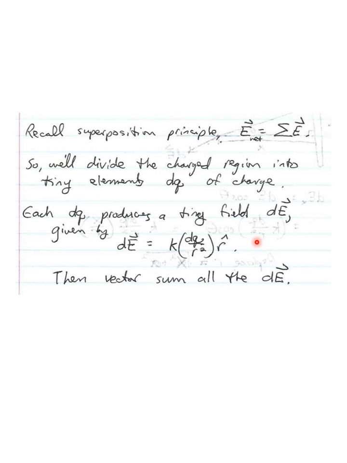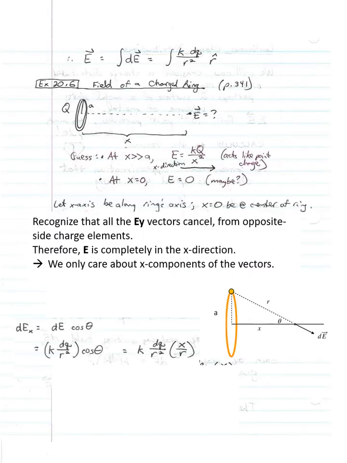So dE is k dq over r squared, and since it's a vector, we'll throw in the r hat. Then we're going to take the vector sum over all the little electric field elements dE. So here's what it's going to look like. The electric field is the integral of dE, which equals the integral of k dq over r squared, r hat.